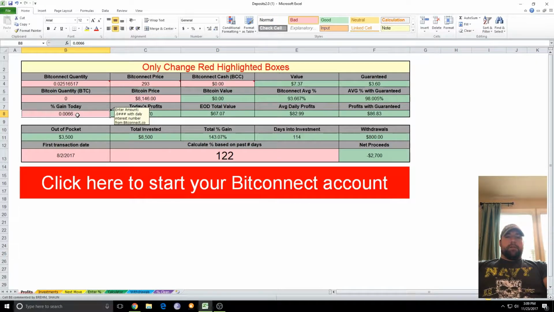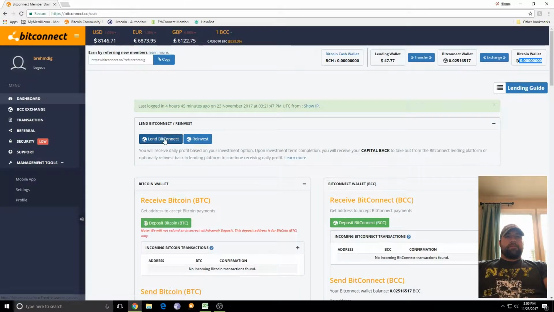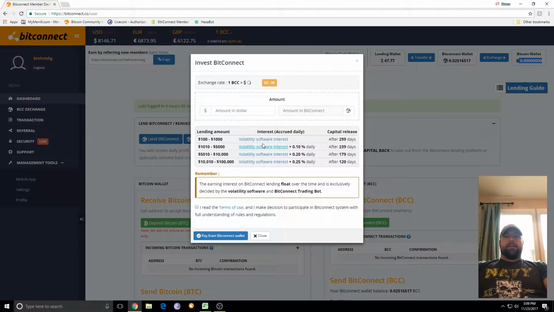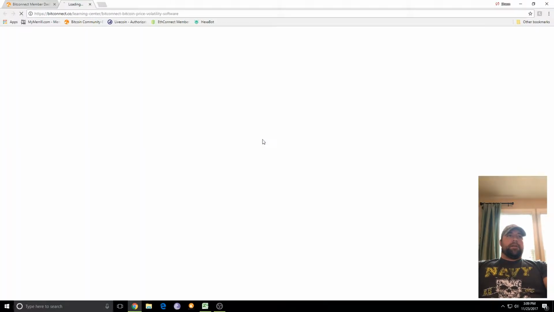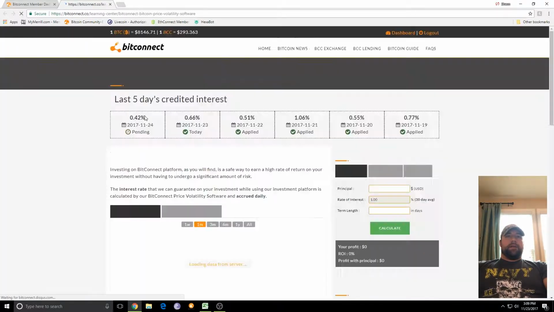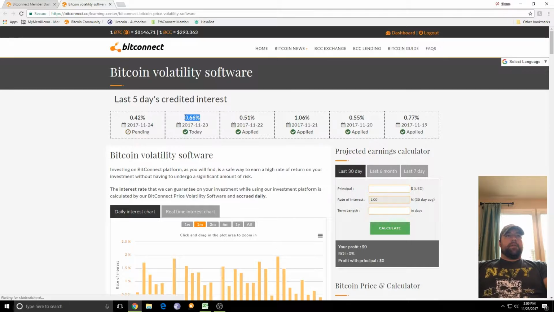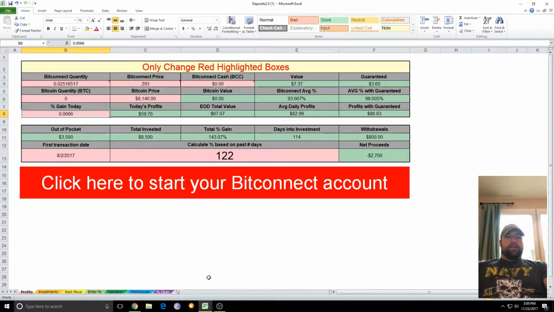If you click on the Bitconnect website, you go to Lend Bitconnect and the volatility software interest. You can click on here and see today's value, and then once you get all this information entered in on the spreadsheet, you can also put it in the Enter Percentage tab here.